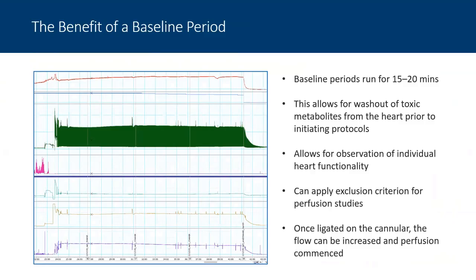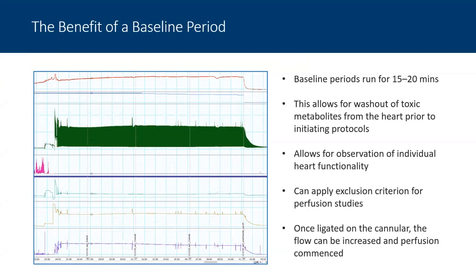So it also allows us to observe how the heart is functioning at an individual level and whether we can include it in our study beyond this point. And these exclusion criteria are incredibly important for perfusion studies. Not all hearts will behave the same, and it's important to know that there are biological influences that will come into play with how our heart will respond on the Langendorff perfusion rig.